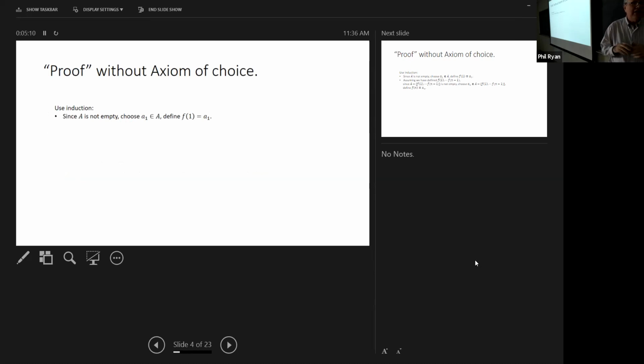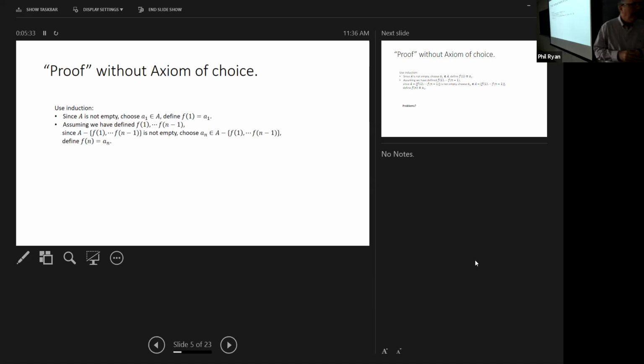So assume that you've seen the axiom of choice before. Let's do a proof without the axiom of choice. We use some kind of induction. Since A is infinite, in particular it's not empty, so we can choose an element, and we let that be f of 1.